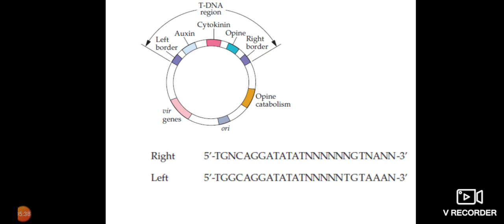The right and left borders have a specific sequence which helps in identifying the part of the DNA acting as tDNA. Whenever tDNA is transferred from the bacterium into the plant cell, it transfers this whole portion.